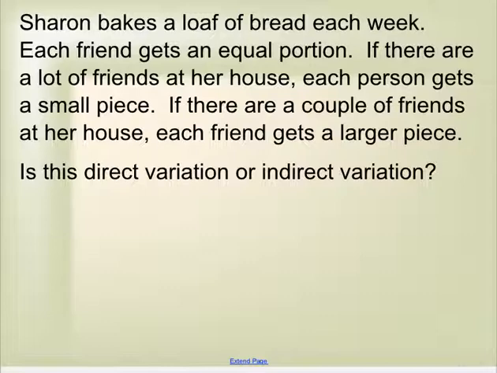So let's make a table and see, as we increase the number of people, what happens to how much bread they each get. So we'll say this is the number of people, n, and this is how much bread they get, the portion as far as the fraction that they get of bread. So if it's just Sharon over, she gets the whole bread.